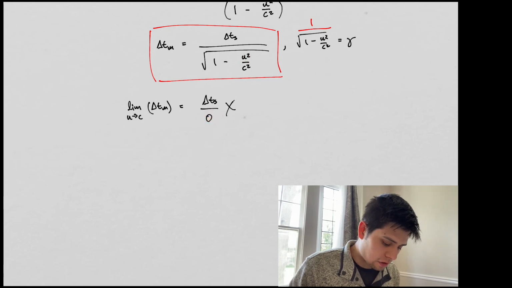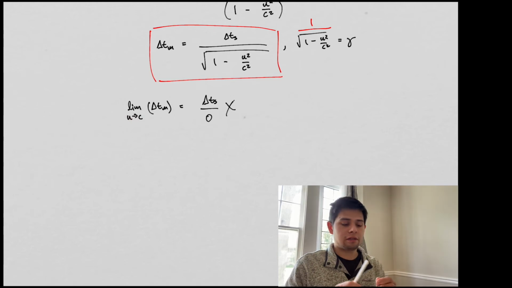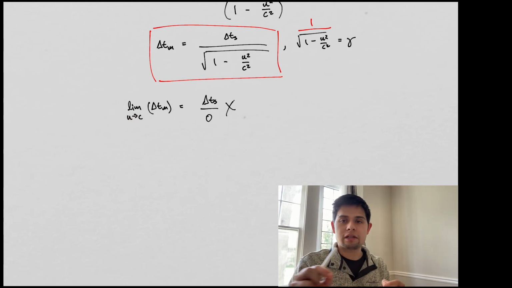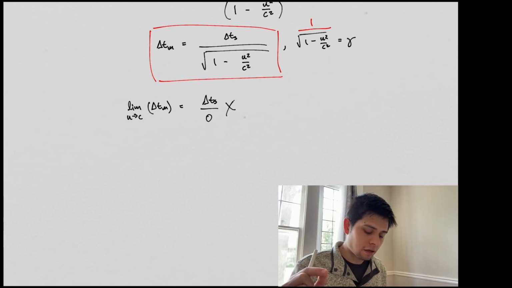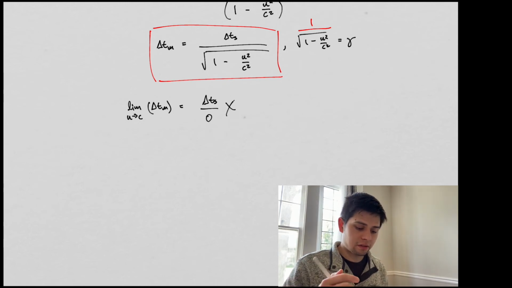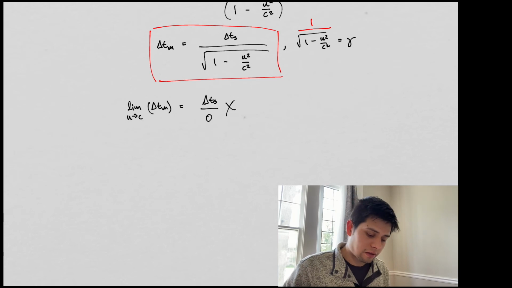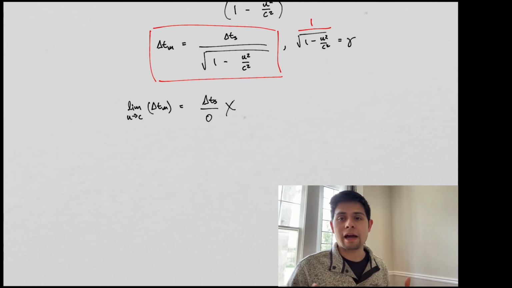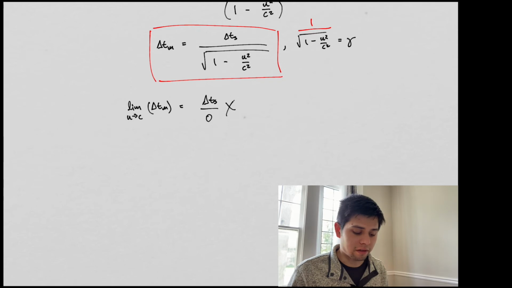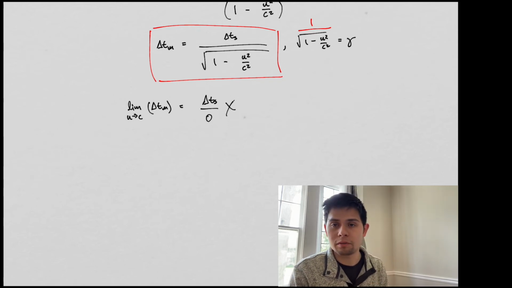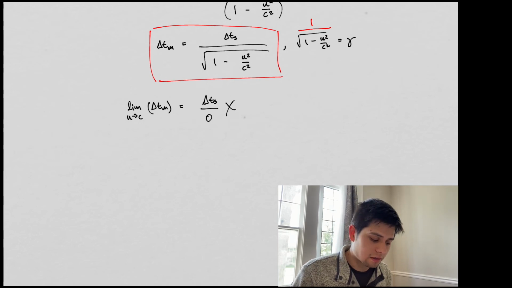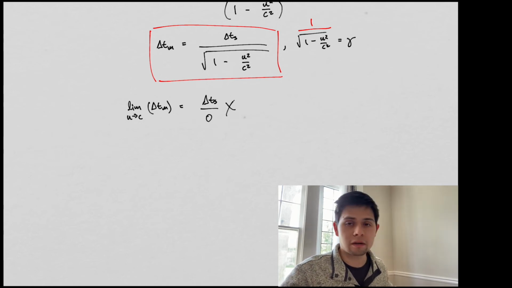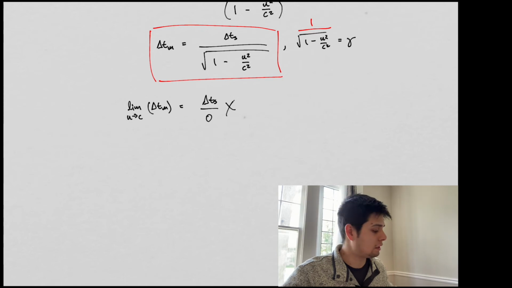As u approaches c, as our velocity in the x direction approaches the velocity of light, we get this 1 over 0 effect, effectively saying that we can't have anything be at the speed of light. We can have something be at 99% the speed of light, but we can't have something be at the speed of light. And this is going to be crucial in understanding exactly what proper time is, which is what the next section is going to cover.